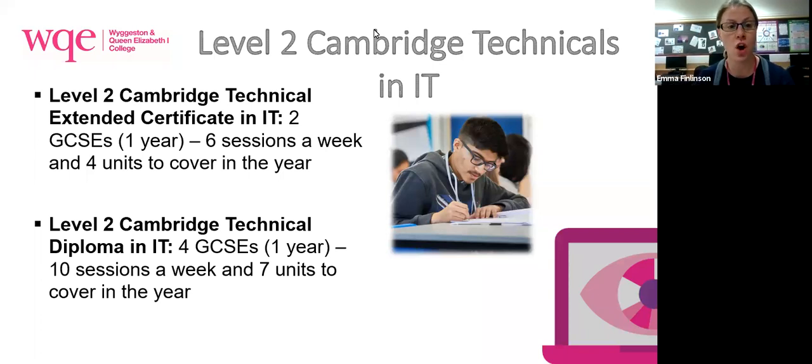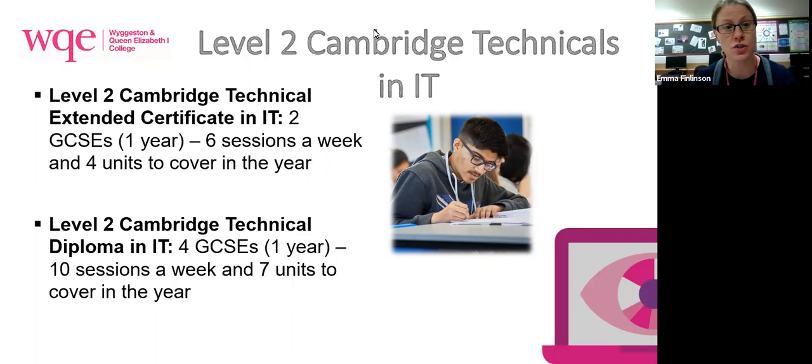We also offer a larger size, which is basically double the size of the extended certificate, and that is the Level 2 Cambridge Technical Diploma in IT. The larger course is worth 4 GCSEs, and again, it's covered over 1 year. So at the end of that year, you would be leaving the course with the equivalent of 4 GCSE grades.